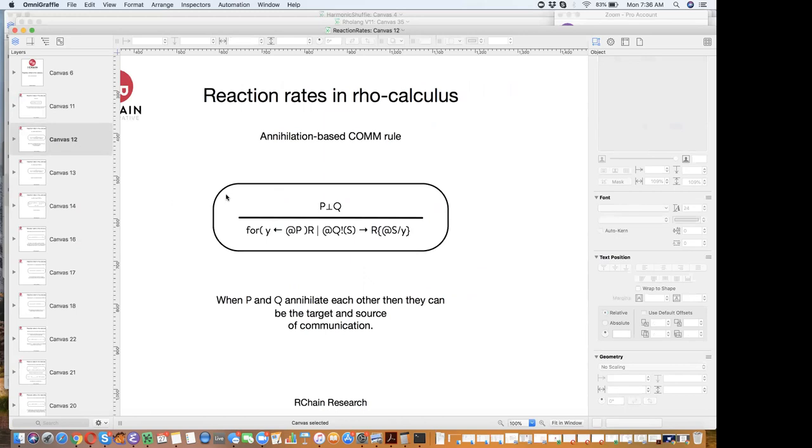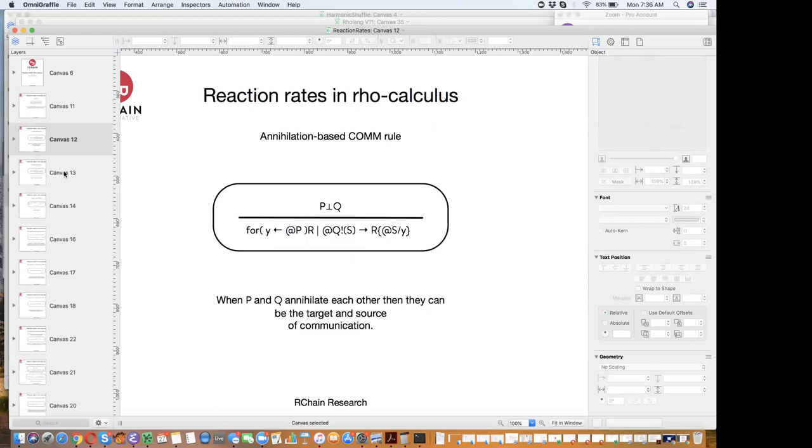And so once you have this idea, that's why it's essential that we're doing this in the rho calculus. We couldn't use it in the pi calculus because you can't turn names into processes into names in the pi calculus, right? So it's essentially a kind of recursive reduction scheme.